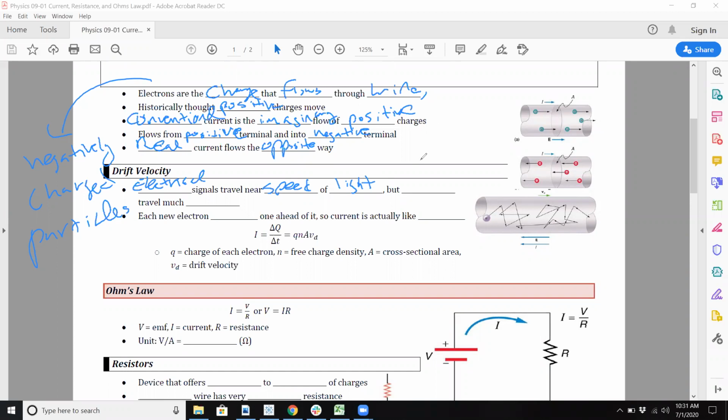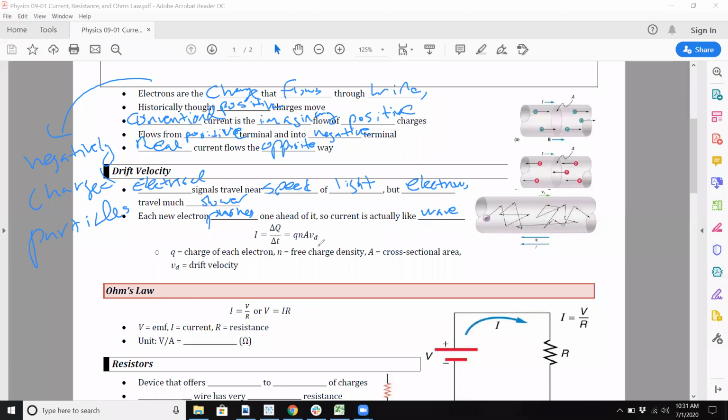Sorry, electrical signals do, but electrons travel much slower. Each new electron pushes one ahead of it, so current is actually like a wave. And there's some wacky formula here, but I'm not going to worry too much about it.